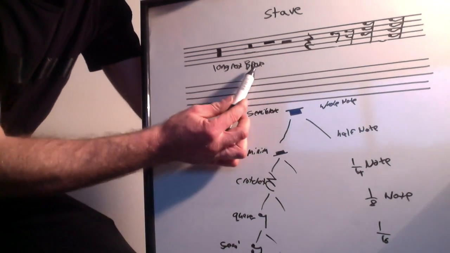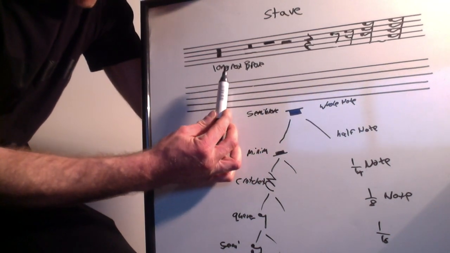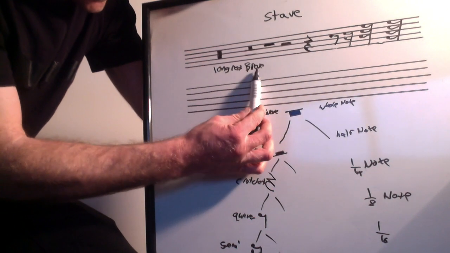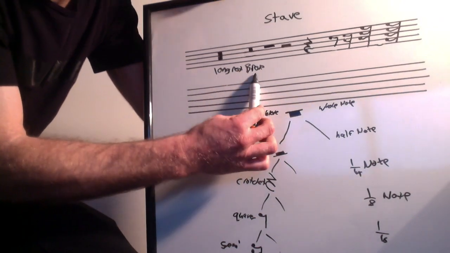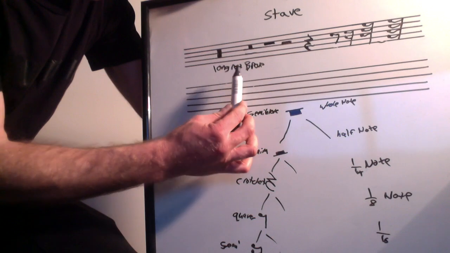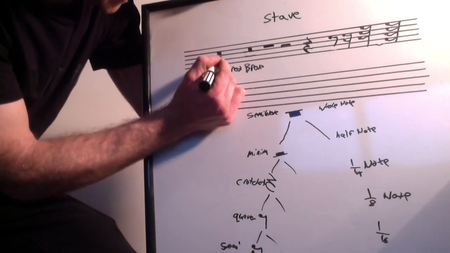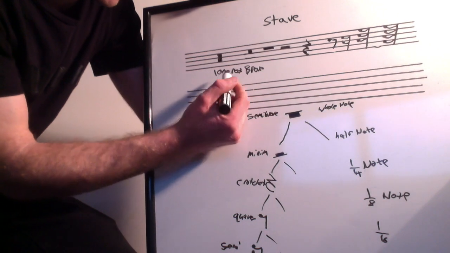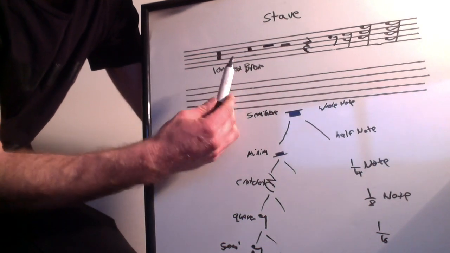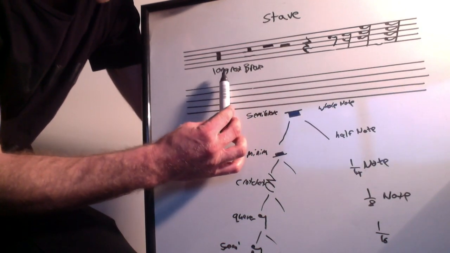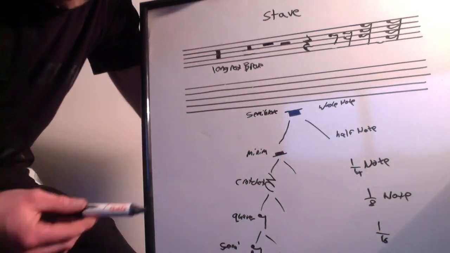Okay, and that is worth twice as much as this. That is worth twice as much as this. Go the right way around. It's the trouble when I'm looking at the screen and everything's backwards. Okay, so that is worth 4 times a semi-breve.